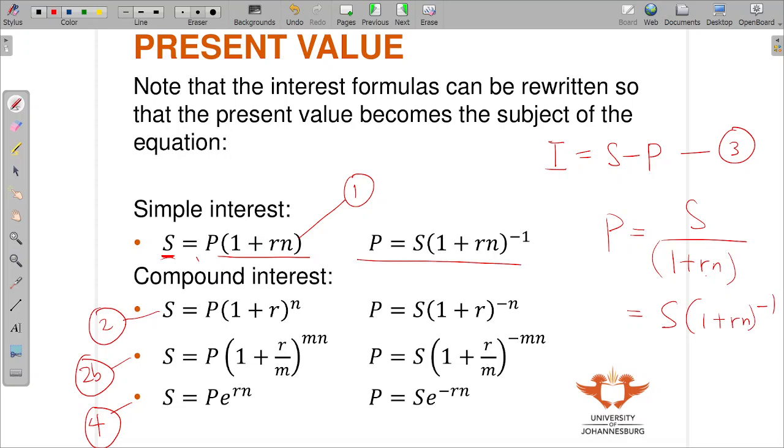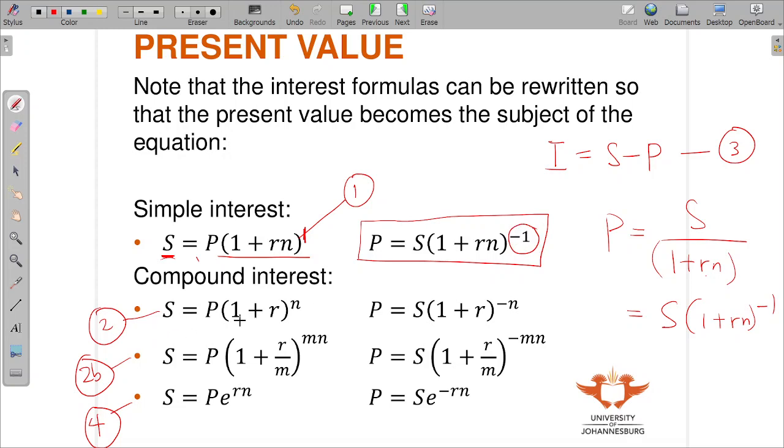So the present value, when we have this future value, is given as this. When we are finding the future value, the power is positive 1, if we like to put 1 there. But when it is present value, then it is negative. So take note of that, it is negative when it is present value.